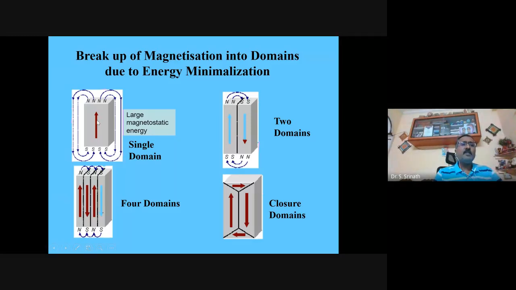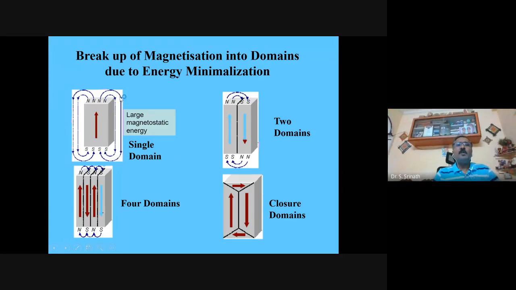But if the whole sample is a single domain, then you have induced poles, all the north poles here and all the south poles here. Because of that, there is a large demagnetizing field, because the density of these surface poles is larger. So there will be a sizable demagnetizing field, and this energy will also get added to the total energy, which I will show in a minute. So the system will try to reduce this energy if possible.